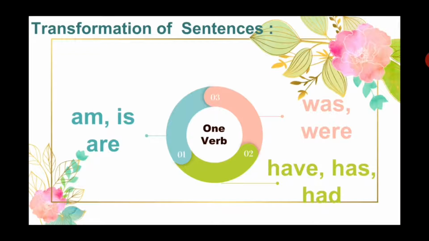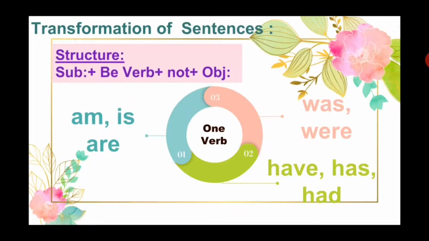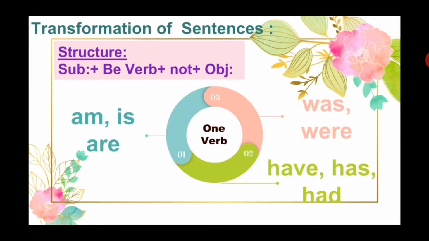That's what you can see in the middle. Only one verb because those are used as main verb. That's why. Let's go for the structure of it. Structure is subject plus be verb plus not plus object. You have seen that, right? And be verb refers to these words. Am, is, are for present tense, was, were for past tense, and have, has, had for belonging stuff. Like I have something or I had something in the past form, this kind of thing.